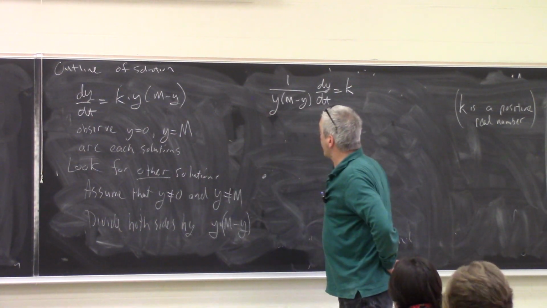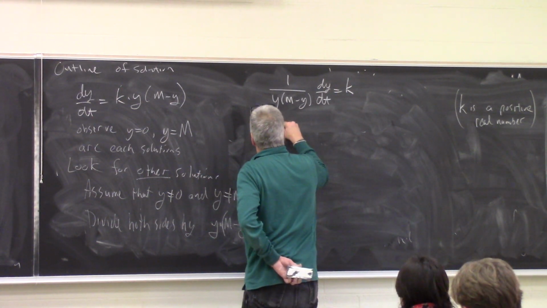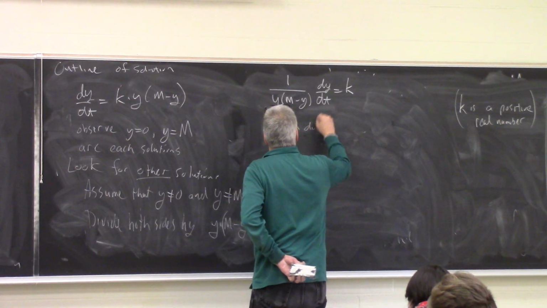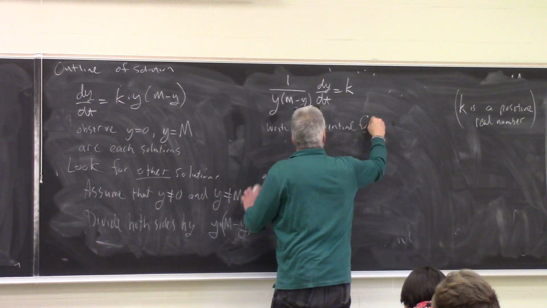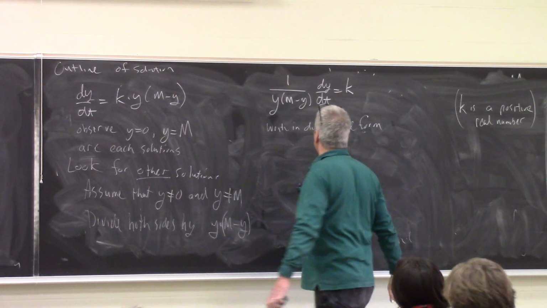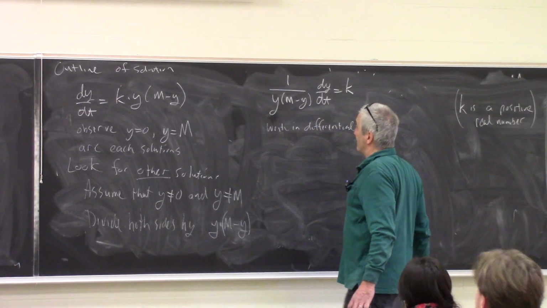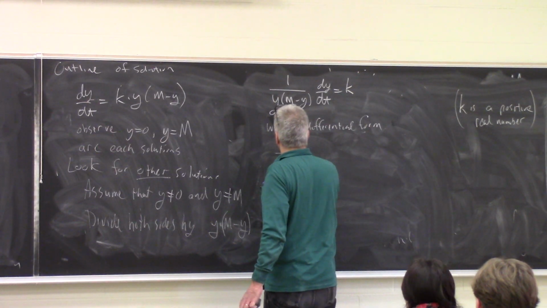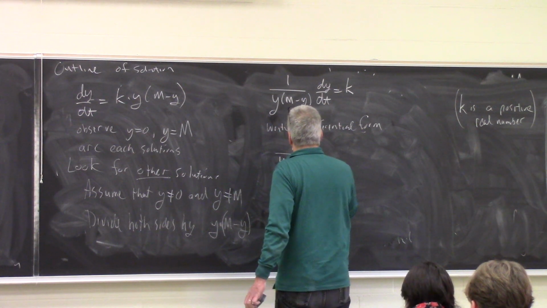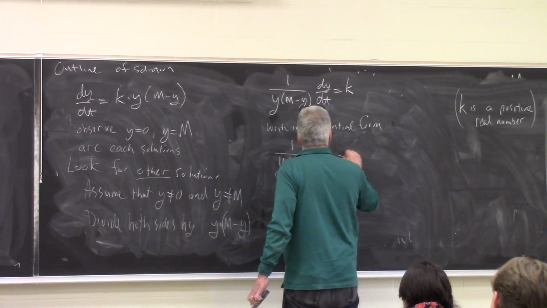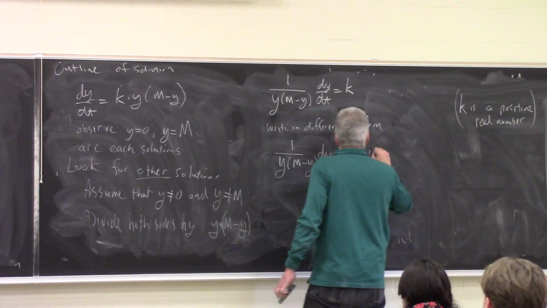Okay, let's put this in differential form. That kind of looks like multiplying both sides by dt, but it's not really that. But the differential form is 1 over the quantity y times m minus y, dy equals k dt.